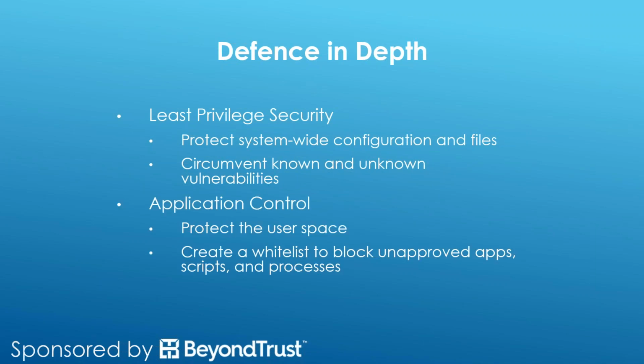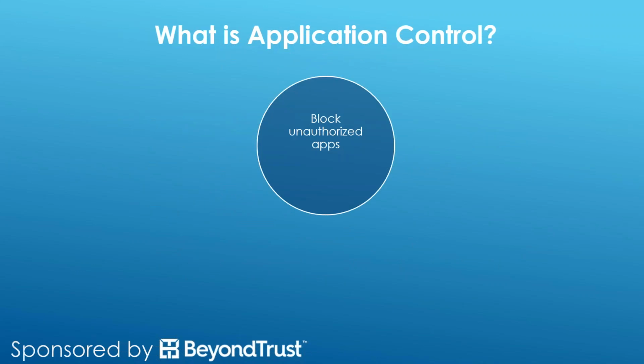But we also need to protect the user space, because removing administrative rights doesn't necessarily stop a user from being able to install an application on their device. For instance, a portable application like Google Chrome, you can install without any admin rights. So we need some other system to block those kinds of installations. And that's where application control comes in.